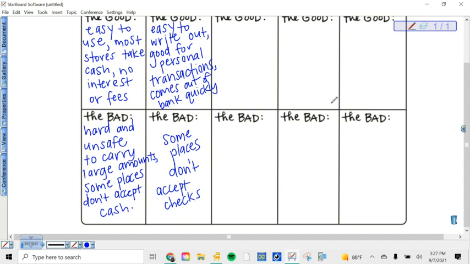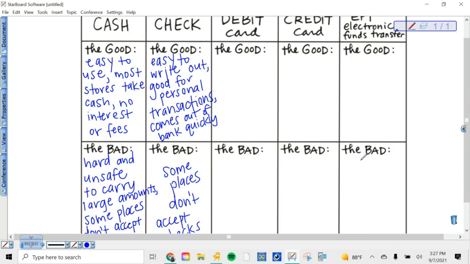Yeah, kind of. Okay, debit cards. The good is they're really convenient. They're easy to use. They're accepted almost everywhere.